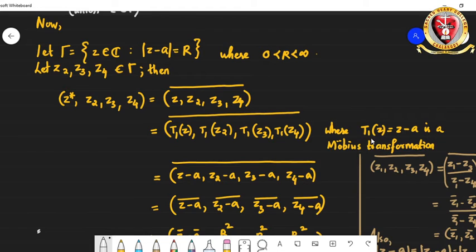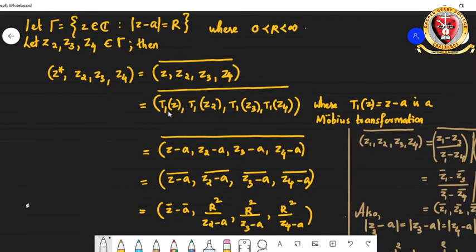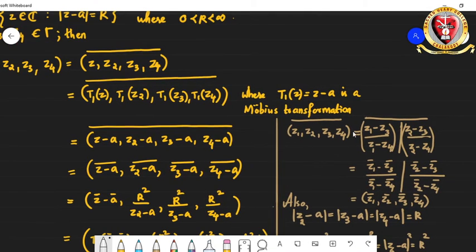So consider the Mobius transformation T1 of z equal to z minus a. Instead of the cross ratio of the quadruple z, z2, z3, z4, you can write the cross ratio of T1 of z, T1 of z2, T1 of z3, T1 of z4, which is z minus a, z2 minus a, z3 minus a, z4 minus a, the whole bar.